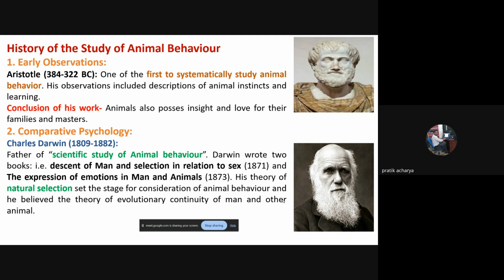He explained natural selection, and in natural selection he emphasized the fitness of the organism.